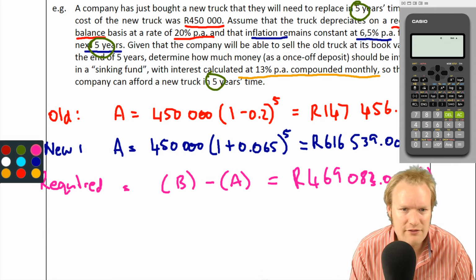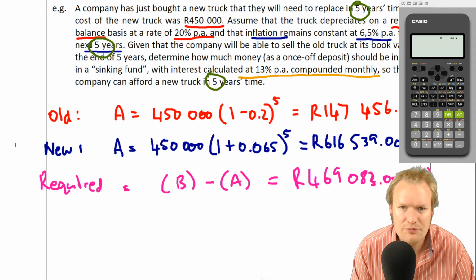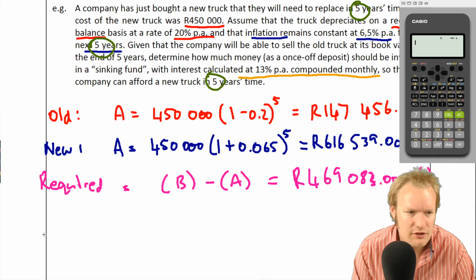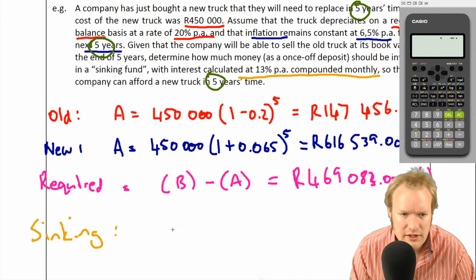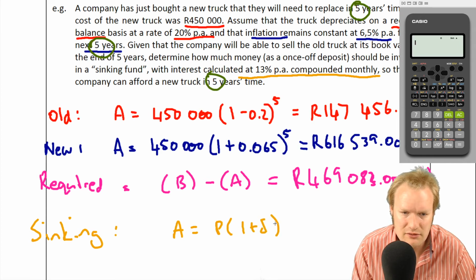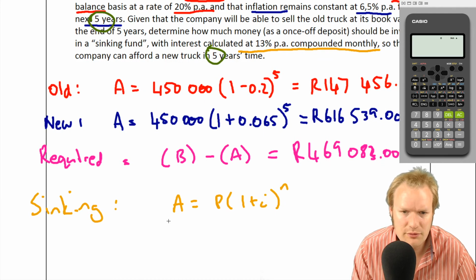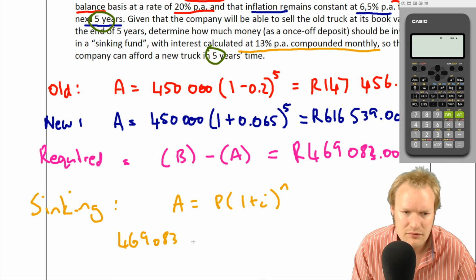So how much are we going to have to put into our sinking fund? For our sinking fund, we've got A equals P times 1 plus i to the n. Let's see what we know. Accumulated, we know it needs to accumulate to this number, 469,083.